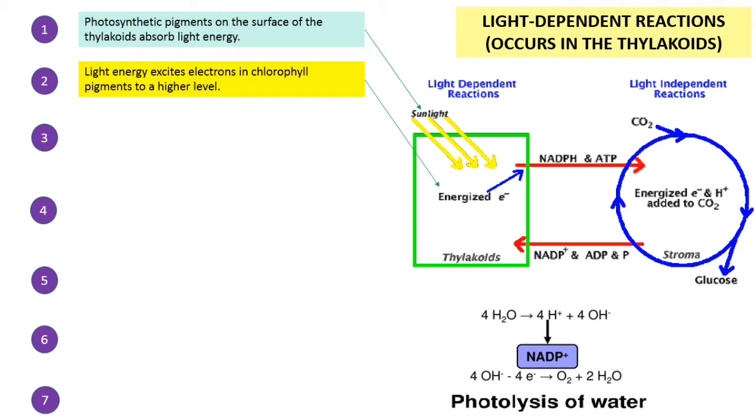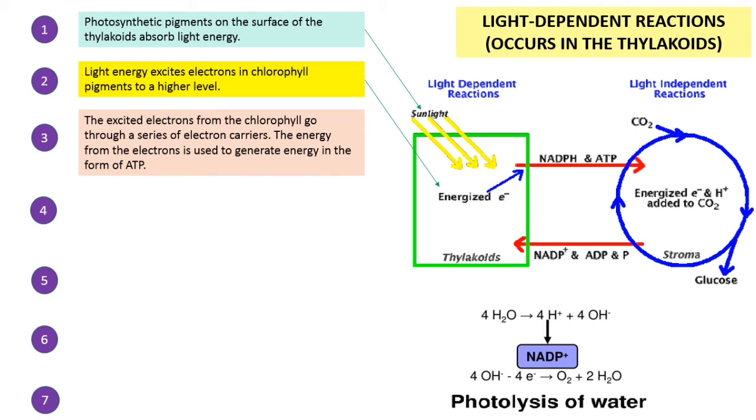So the electron becomes energized. Second, the excited electron from the chlorophyll goes to a series of electron carriers. Here, the energy from the electron is used to generate energy in the form of ATP. It will produce ATP.